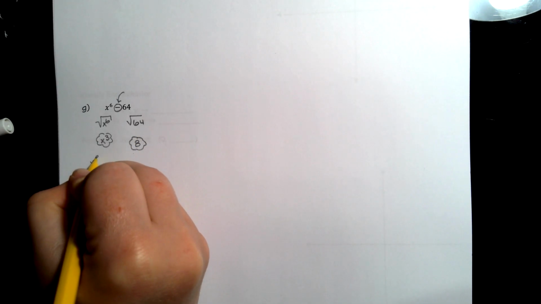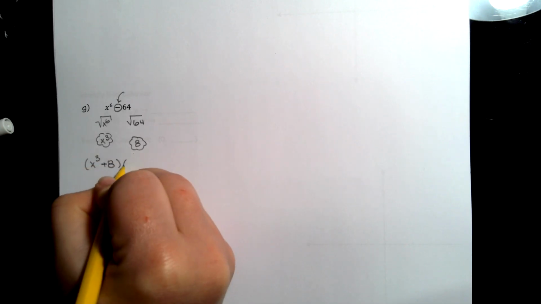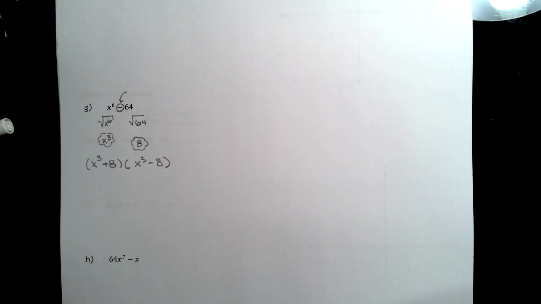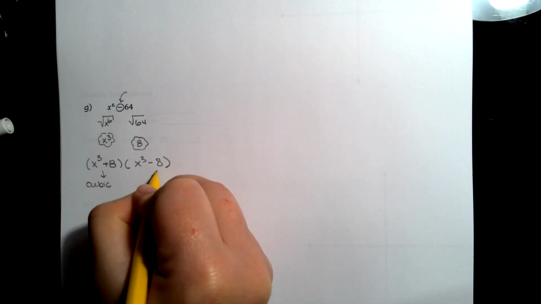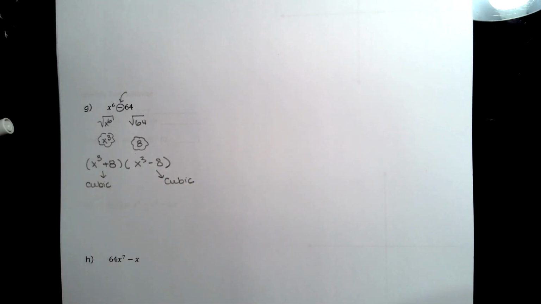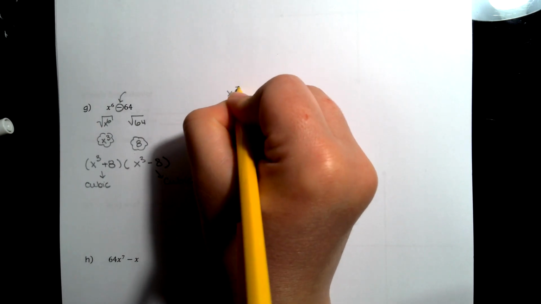That means we have x cubed plus 8, x cubed minus 8, which gives us 2 cubic binomials with patterns. I'm going to write it out here just because of space.